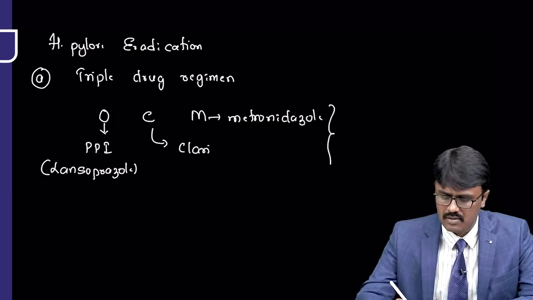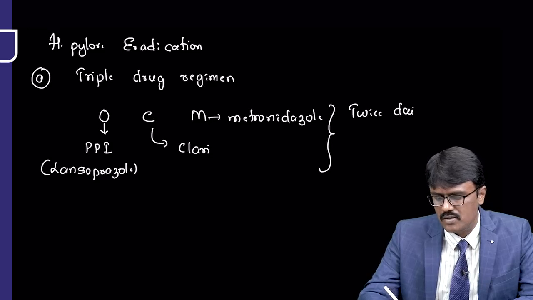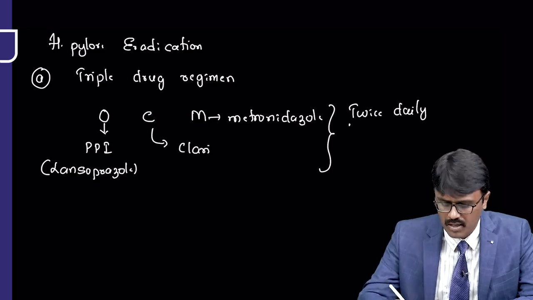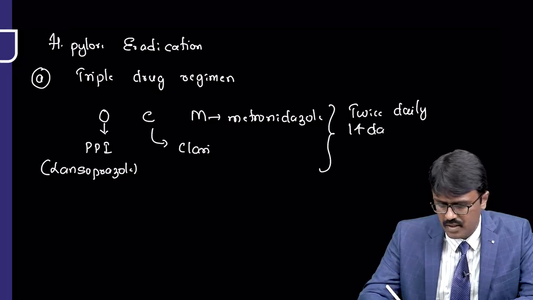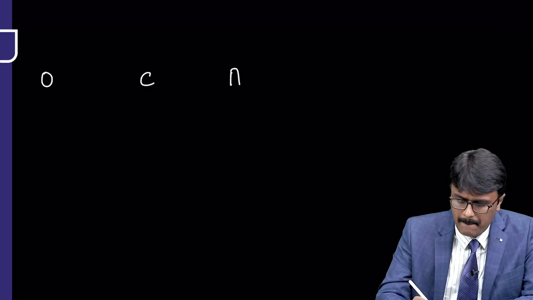So they are given twice daily. How many days should they be given? 14 days, that is 2 weeks. That is one regimen. One more regimen I just want to tell you is OCA.